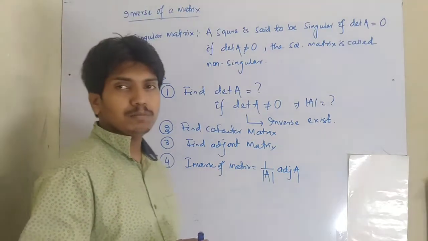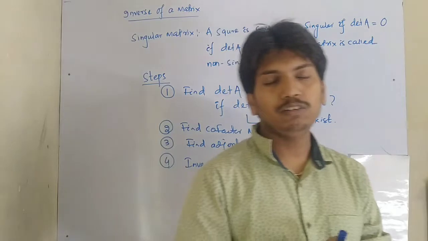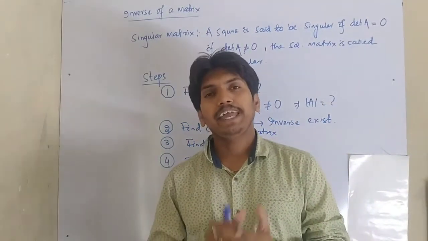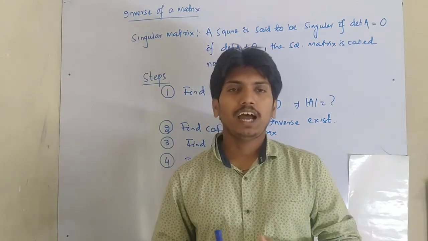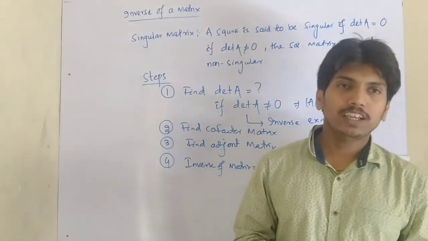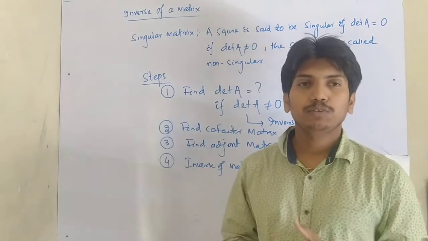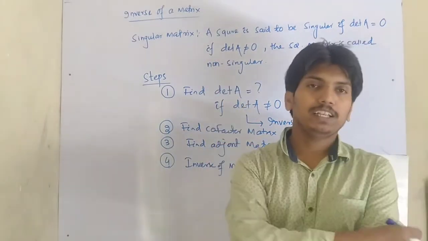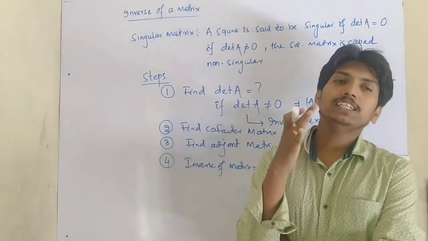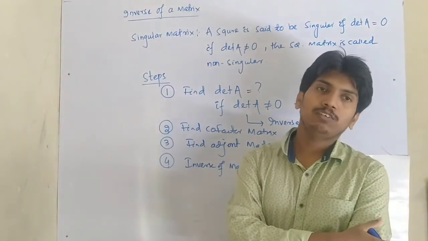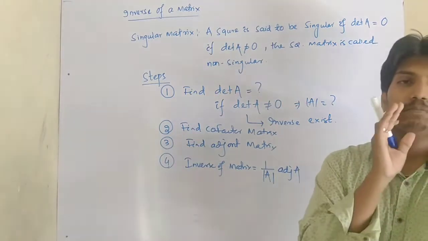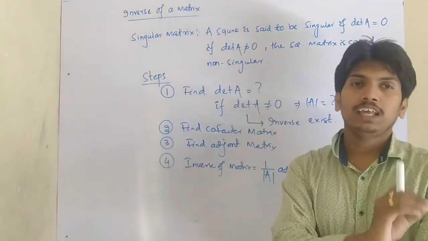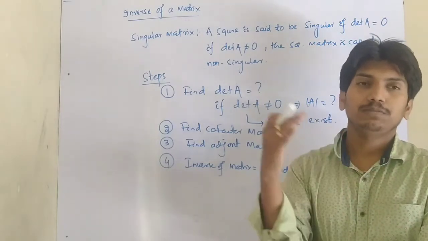How can you find out the inverse? First you have to find its determinant value. How can you find the determinant value? By expanding the determinant. In a previous video I told you how to expand the square matrix. The first thing is, if the determinant value is 0, then you cannot proceed further.